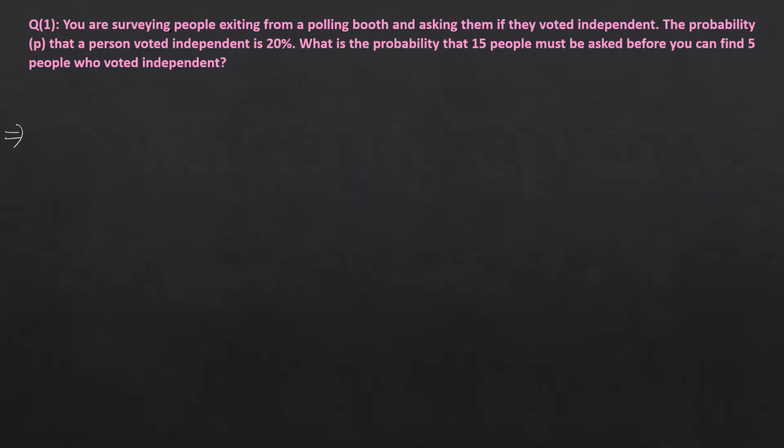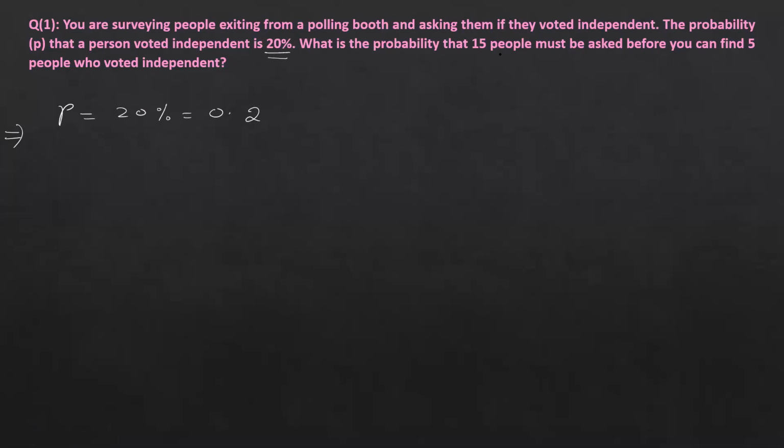You are surveying people exiting from the polling booth and asking them if they voted independent. The probability P that a person voted independent is 20%. It means the probability of success they have given is 20%, so the P value is 0.2.